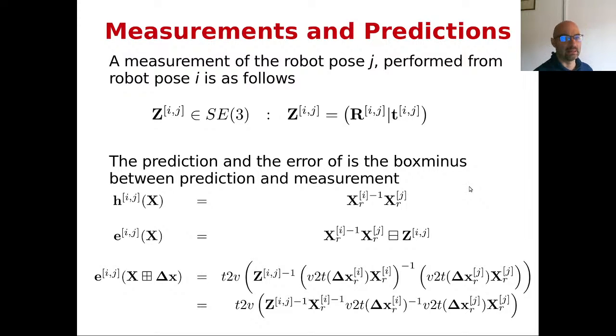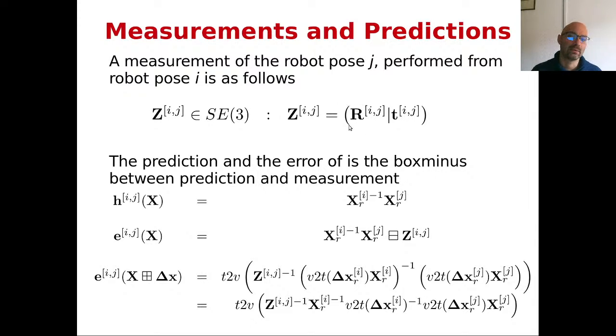Surprisingly, the measurements are relative positions between two nodes in our graph, right? Relative positions are the same kind of objects as the poses in my graph, and so they are SE3 objects. So let me define a measurement between the i-th robot position and the j-th robot position as belonging to SE3.